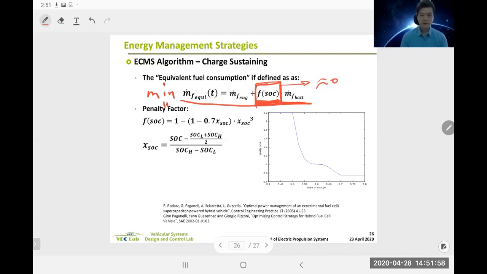So we are trying to find U, the control input, that minimizes fuel consumption, right? What happens if this coefficient is 0? Then what is the solution going to be?